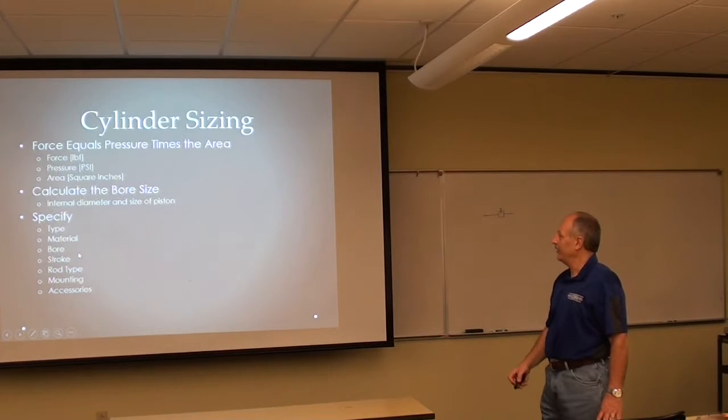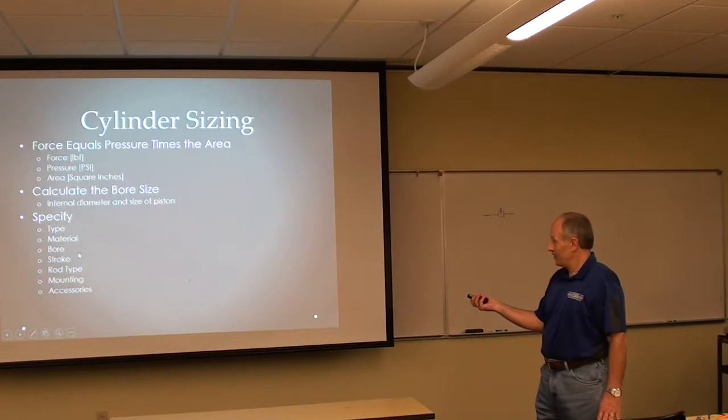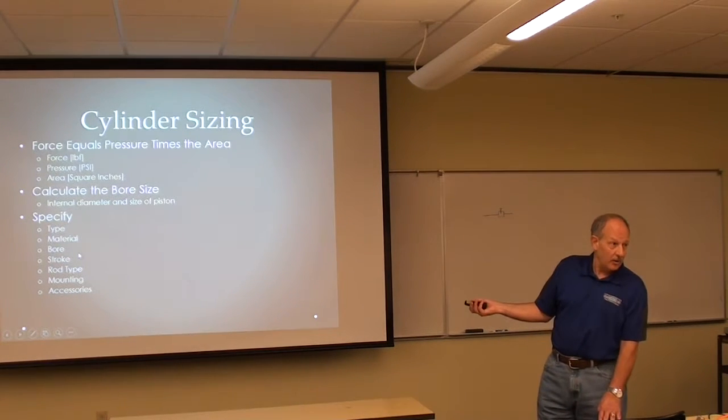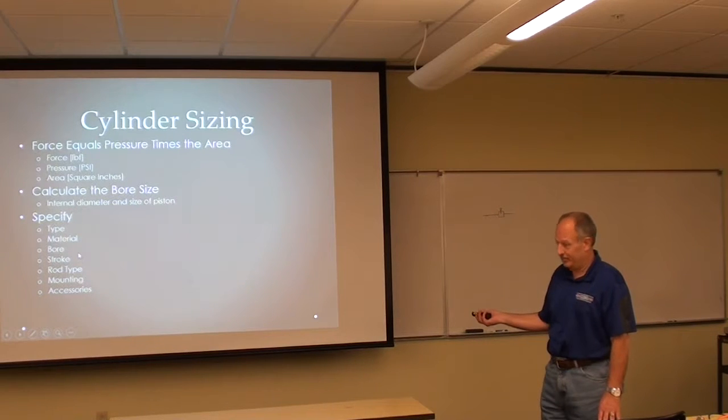Okay, cylinder sizing. Force equals pressure times the area. It's a simple equation. From that, you calculate the bore size, which gives you the internal diameter of your cylinder, which is also the size of the piston. And then you specify these items. Do you think anything's missing? We already talked about it a little bit.